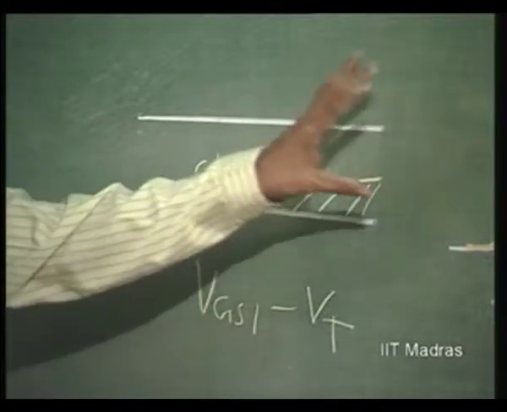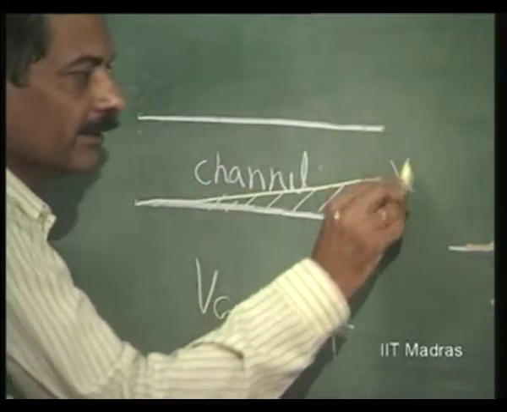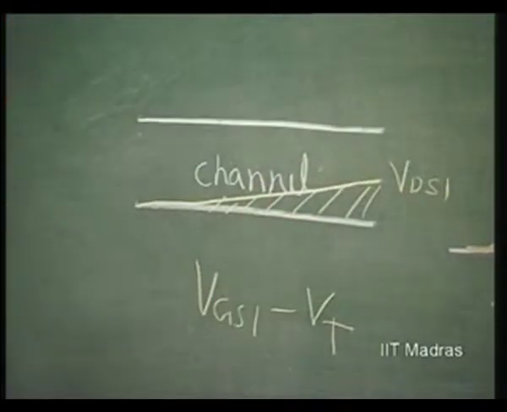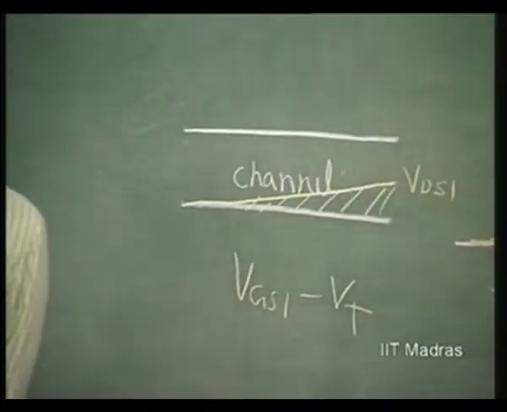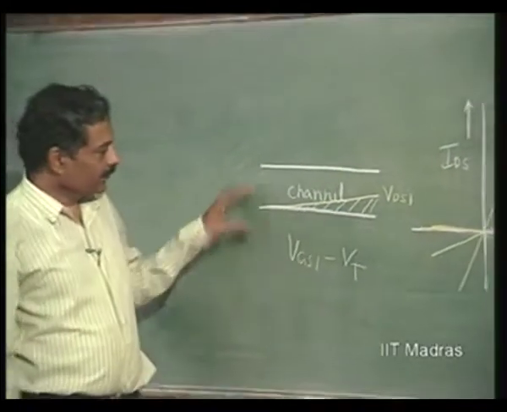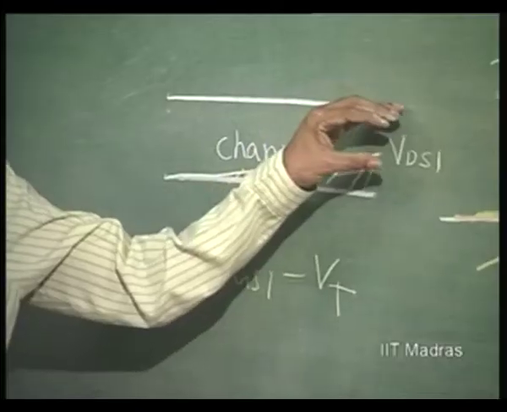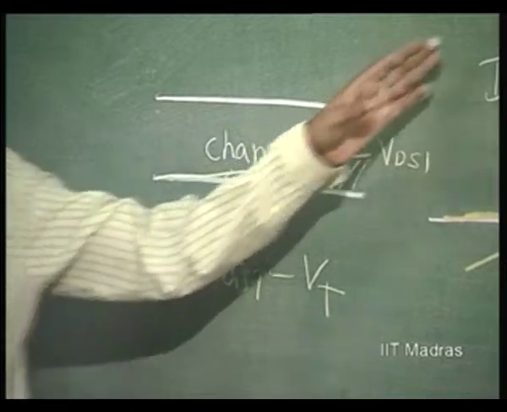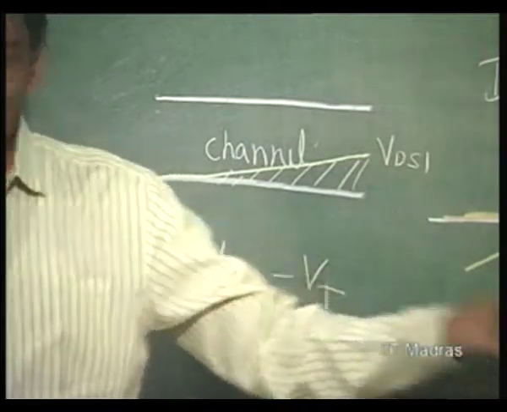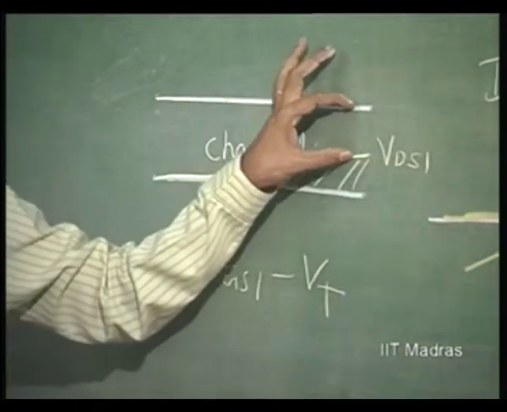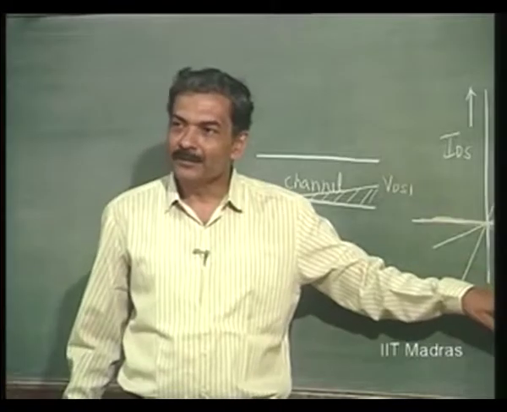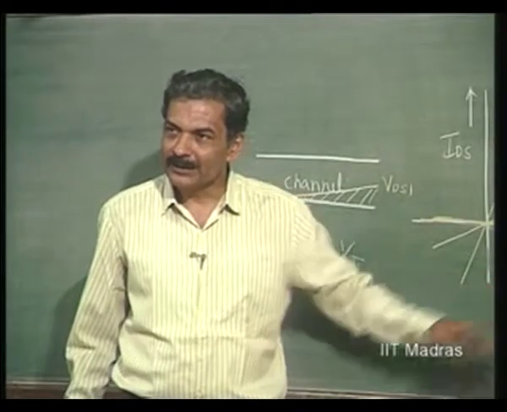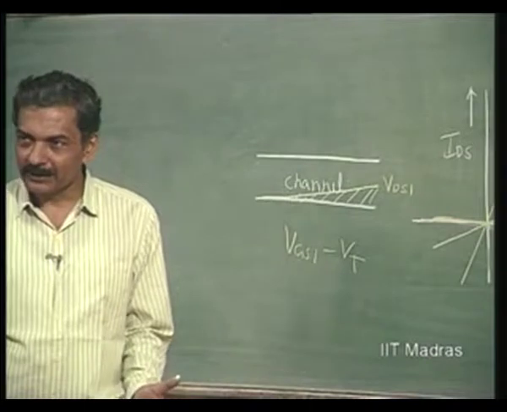This is for a certain value of VDS. So, this resistance, strictly speaking, is nonlinear because you are plotting ID versus VDS. The width or the depth of the resistance itself depends upon VDS. So, this is a nonlinear resistance.